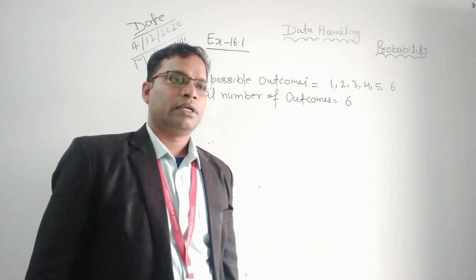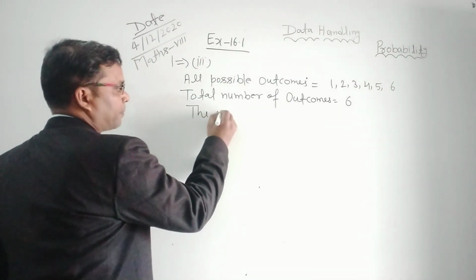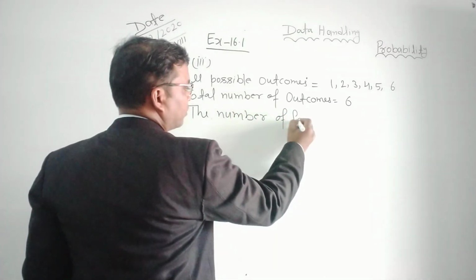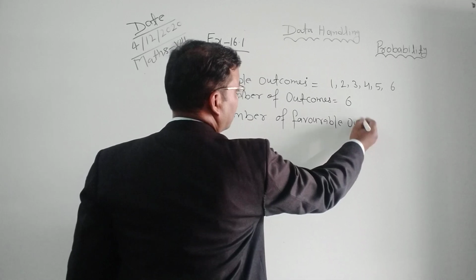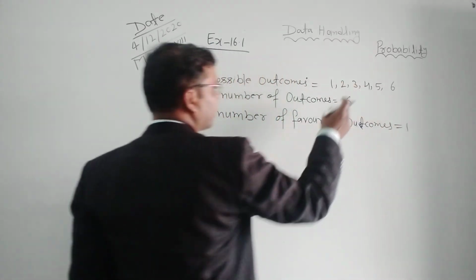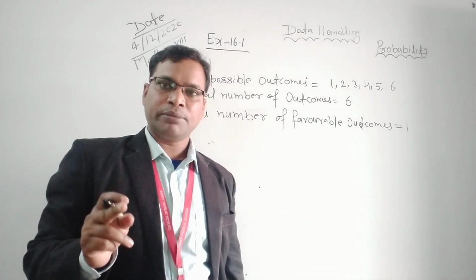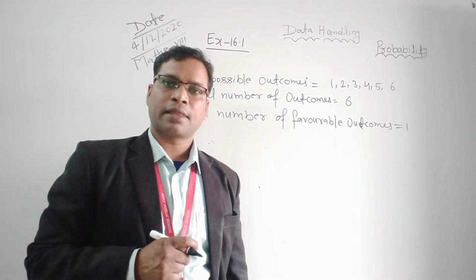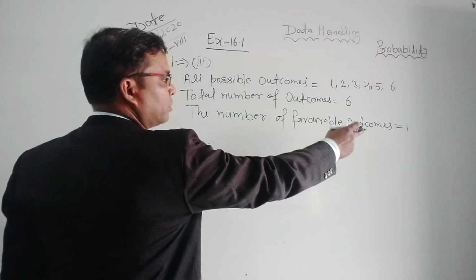So the number of favorable outcomes is equal to 1, because you can see 1, 2, 3, 4, 5 are less than or equal to 5, but 6 is greater than 5. So we need to find the probability of getting a number greater than 5. Total number of outcomes is 6, number of favorable outcomes is 1.